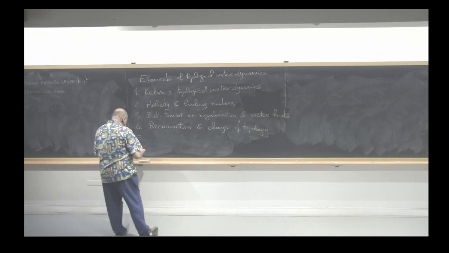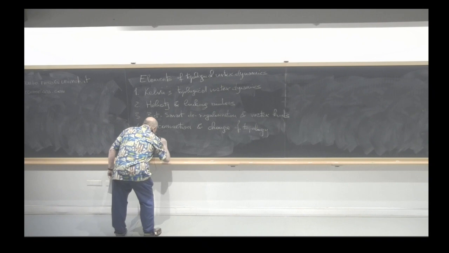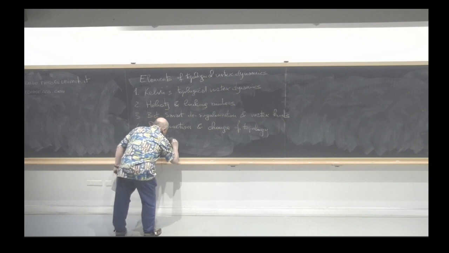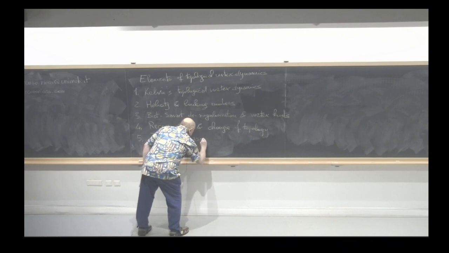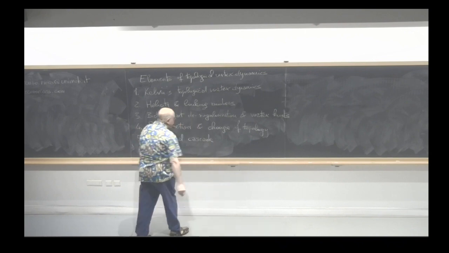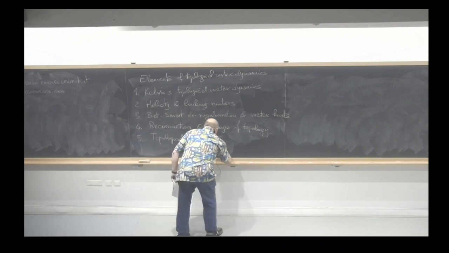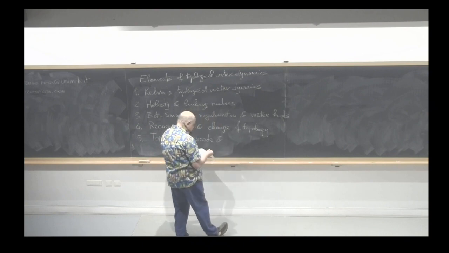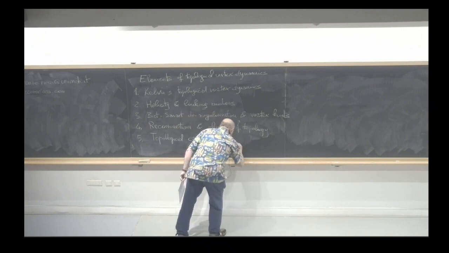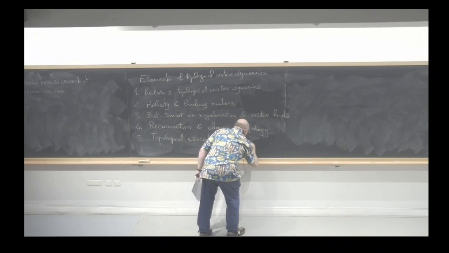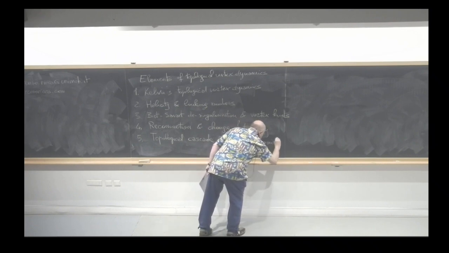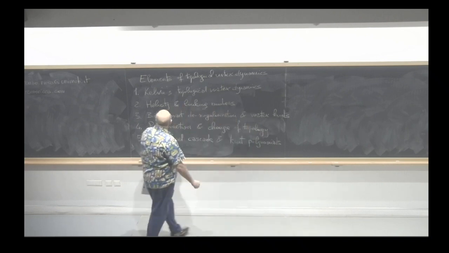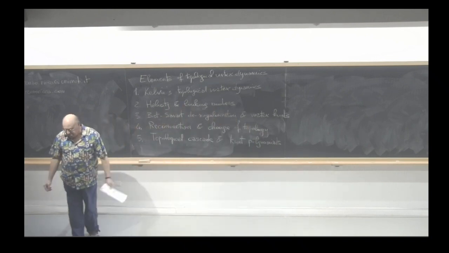What I want to focus on is the topological cascade of vortex structures, and then mentioning something, not very much, on our recent work on knot polynomials. That's the plan.